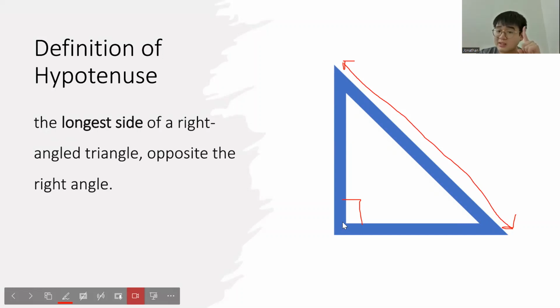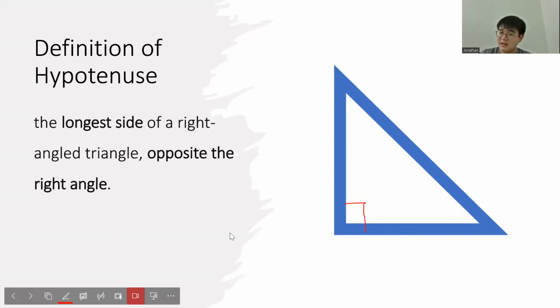This is the first one, the longer side. The second one is that it is opposite the right angle. Just now I said the right angle is here. So the hypotenuse is opposite the right angle, meaning from the right angle we go across to the opposite. So this line is the hypotenuse.